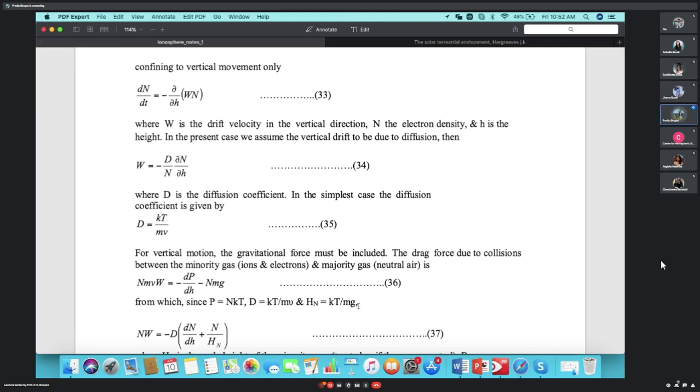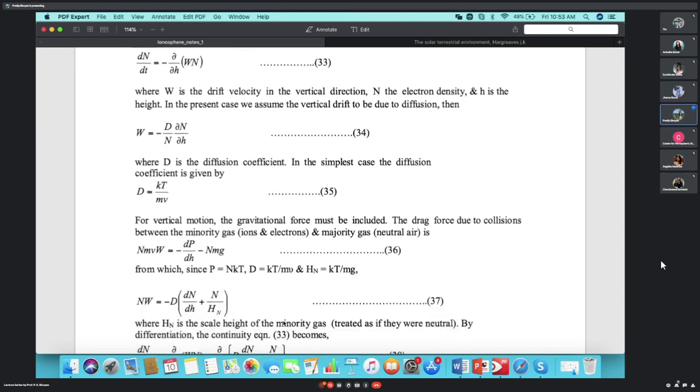This is the minority gas. The mass is of the electrons as well as of the ions. We'll come to that in the next few steps. Similarly, the movement of the plasma contains both ions and electrons, so this V also will be pushing both the ions and electrons. Similarly, the mass is the mass of ions and electrons together.